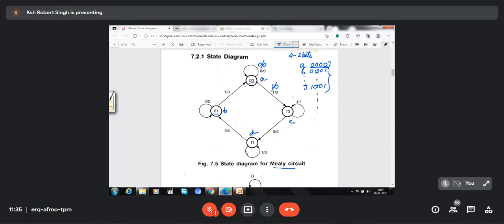It will remain in D when the input is 1 and during the time output will be 0. This state C will go to state D when the input is 0 and during the time output is 0. It will go to its own state when input is 1 and during the time output also is 1.